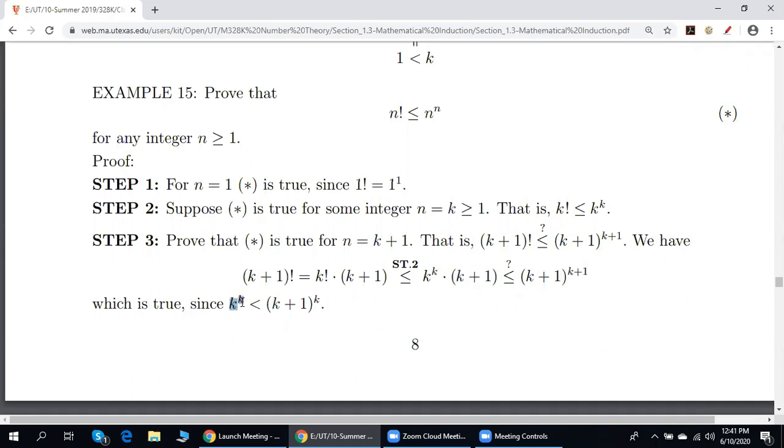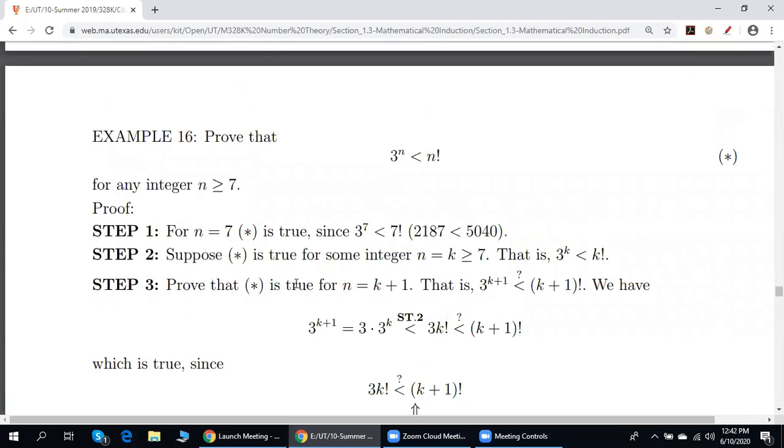So what is left is just k to the k's power. If you cancel out k plus 1, then k plus 1 to the k plus 1 becomes k plus 1 to the k, which is exactly what is written here. But of course, this is lesser than this because k is lesser than k plus 1. Done.